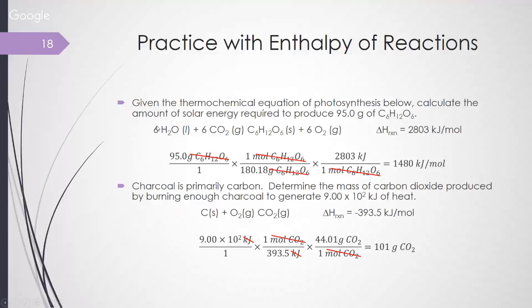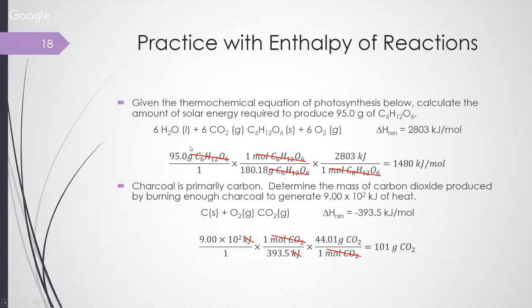The reaction is that 6 moles of water will react with 6 moles of carbon dioxide to produce 1 mole of sugar and 6 moles of oxygen. The enthalpy associated with this reaction is 2,803 kilojoules per mole. So if I want to make 95 grams of glucose, how much energy do I need from the sun?